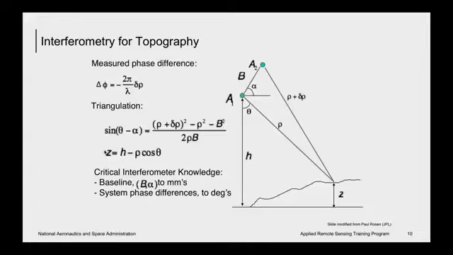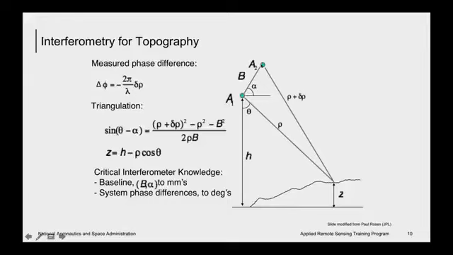So I'm going to go through some slides showing the geometry of SAR interferometry. I'm not going to go through all the equations in detail, but it's important to know the basics of the geometry to understand what interferometry means. This slide shows the basic geometry for measuring the elevation of the land surface, Z for elevation.